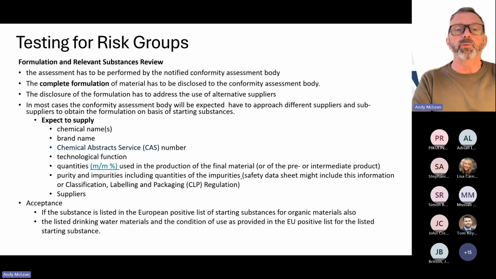We know what it does, but it depends on the applications, I think, as to whether these will be asked for. And more importantly, purity and impurities, which can change the actual material, how the material reacts in the water, etc.